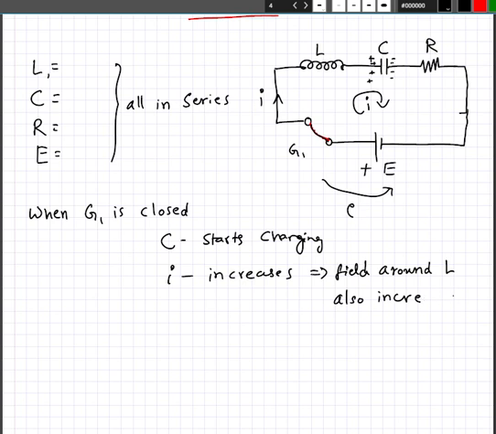You remember that energy is stored in case of an inductor as a magnetic field, whereas in case of a capacitor it is stored as charge.